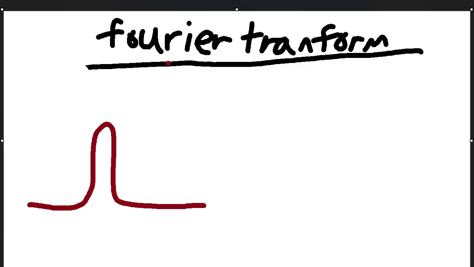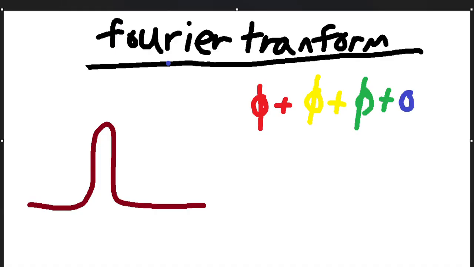Well, in order to approach this, we actually have to add a bunch of different waves. So we can have a phi plus phi plus phi plus phi plus phi plus, and on and on.